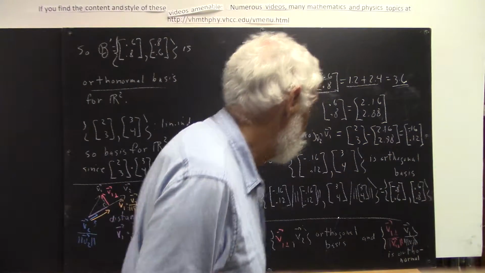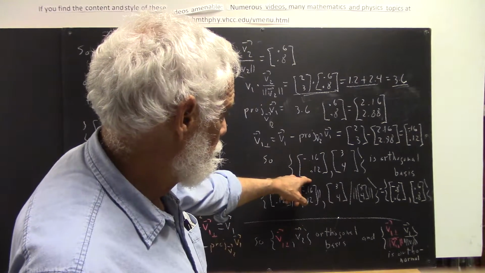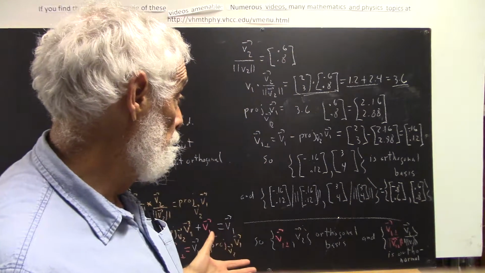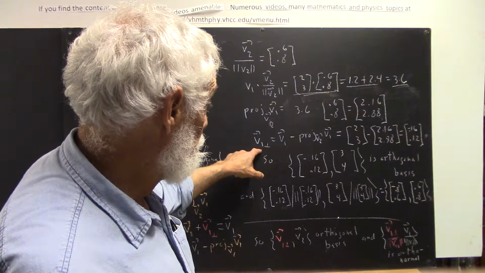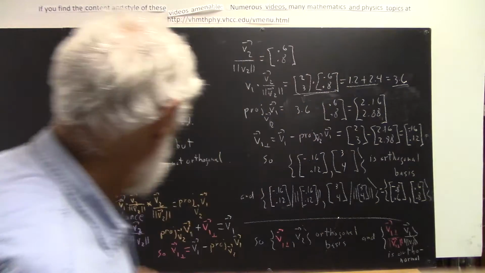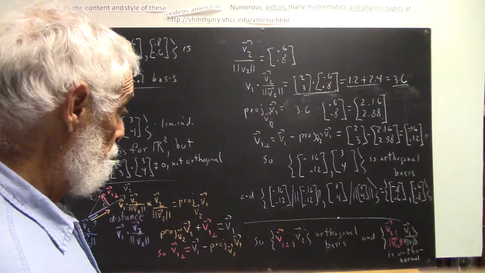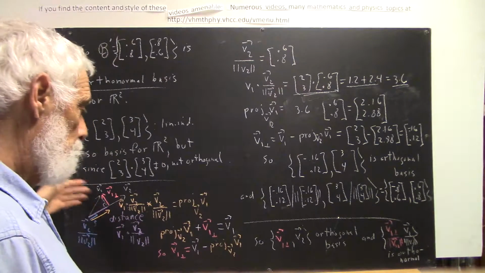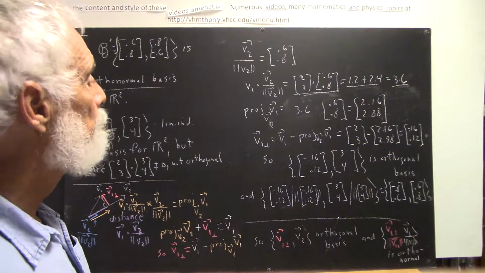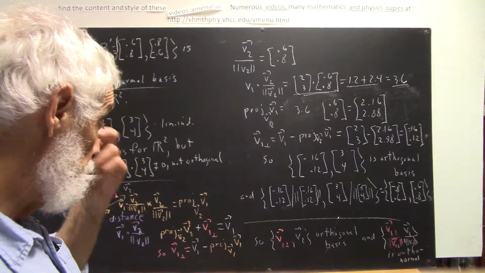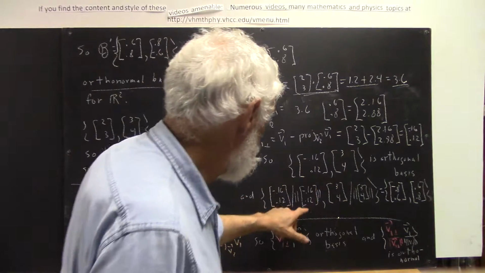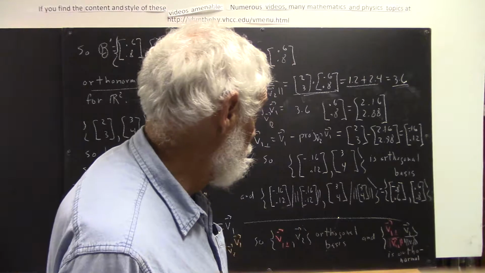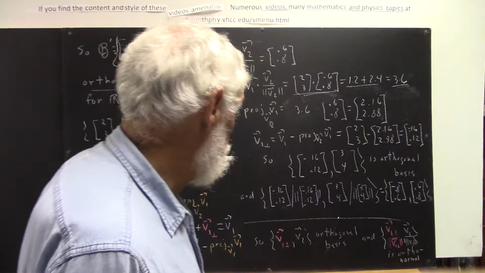Then it follows that this (-0.16, 0.12) and (3, 4) is an orthogonal basis. Why is it orthogonal? Because v1 perpendicular, this vector, is perpendicular to the v2 vector, as follows from this whole geometry. Okay, that's an orthogonal basis, and if we take this vector divided by its magnitude here, and this vector divided by its magnitude here, what do we get?